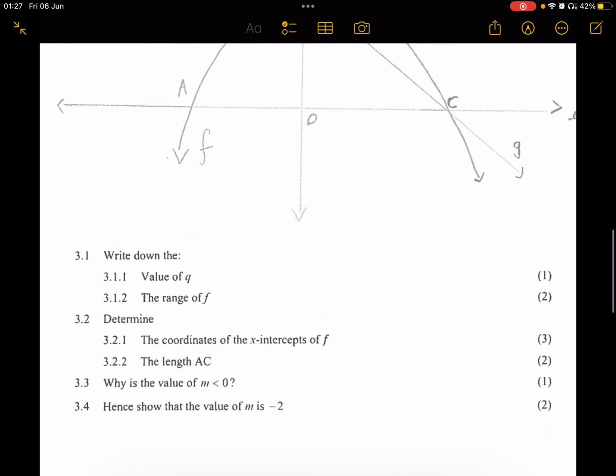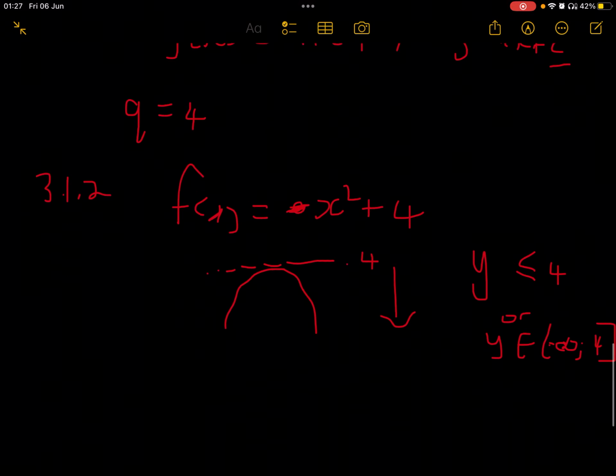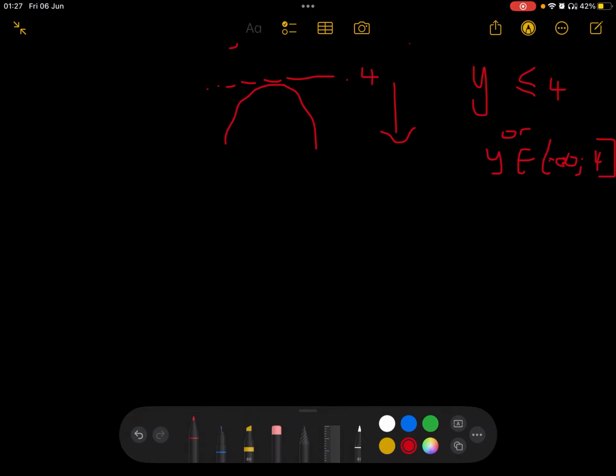And in 3.2.1, the coordinates of the x-intercepts of f. When we say x-intercept, we let y be equal to 0.